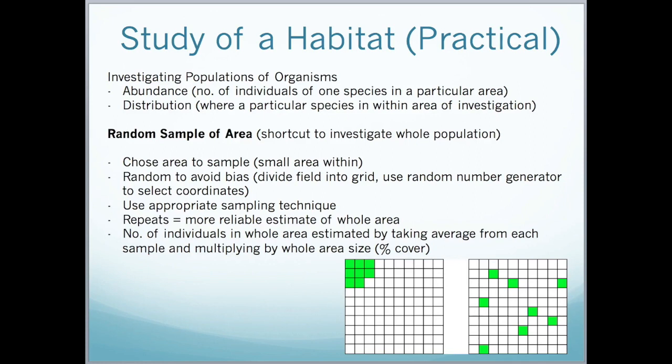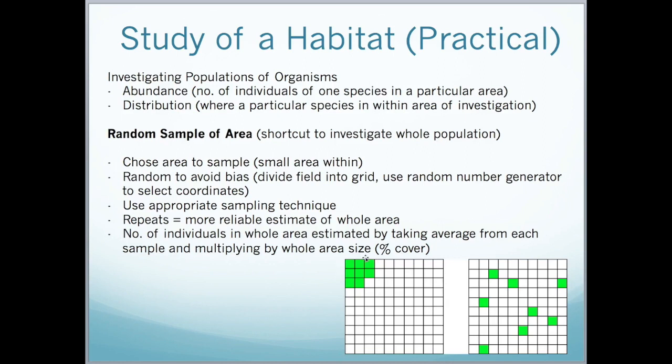So first we can do a random sample of the area, and this is the shortcut method to investigate the whole population. So first we need to choose an area to sample. So it's a small area within the larger area. We have to use a random method to avoid bias. So we divide the field into a grid, and then we use a random number generator to select coordinates.